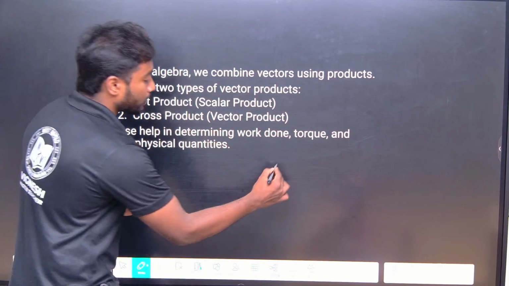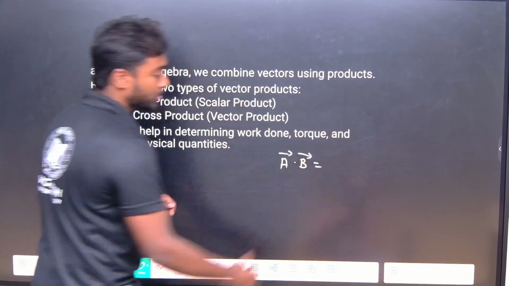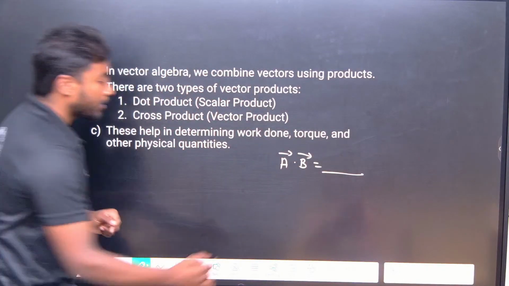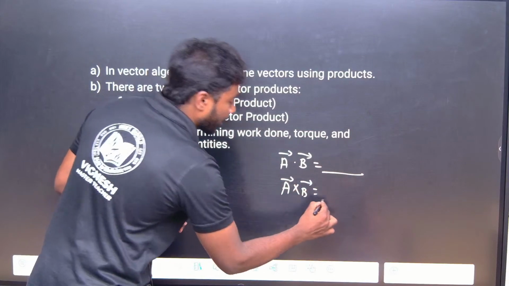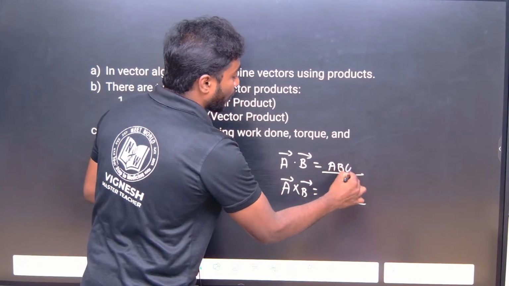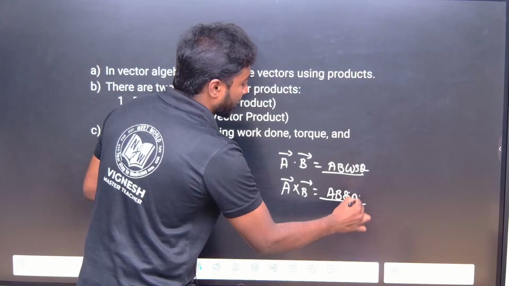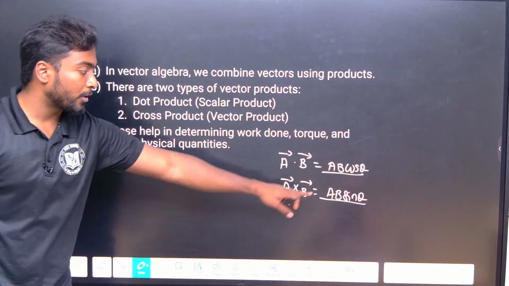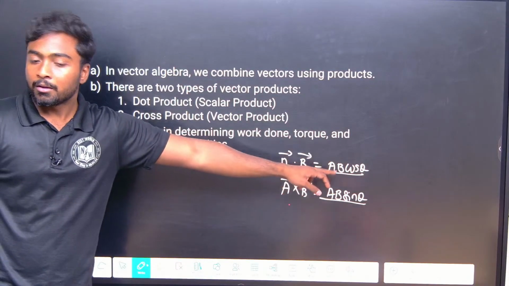A vector dot B vector gives a scalar, and A vector cross B vector gives a vector. The results are AB cos theta for the dot product and AB sin theta for the cross product.